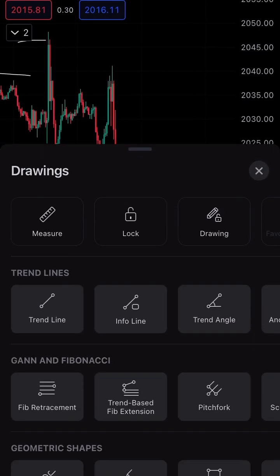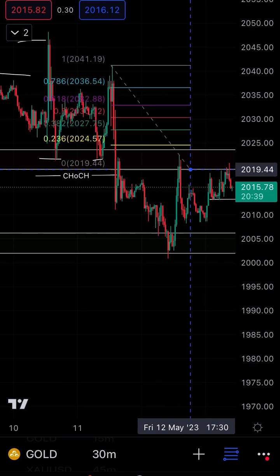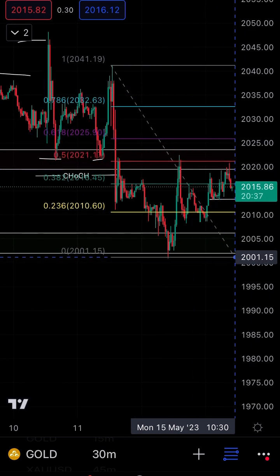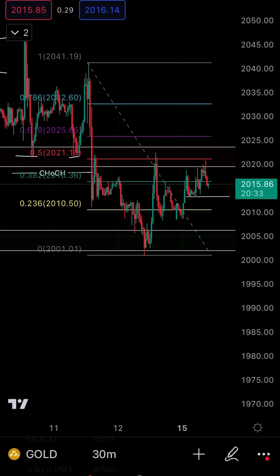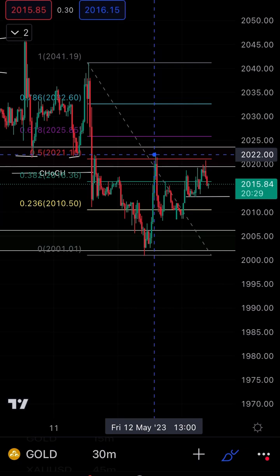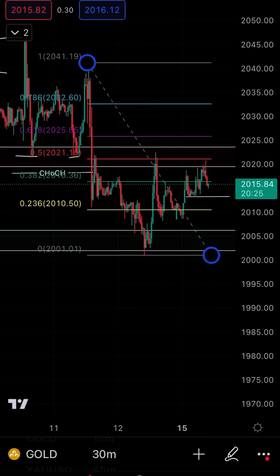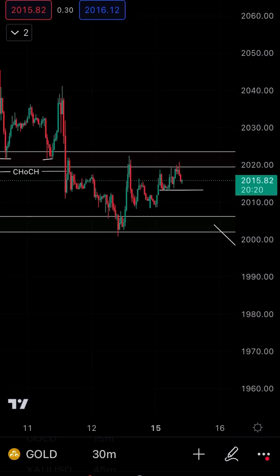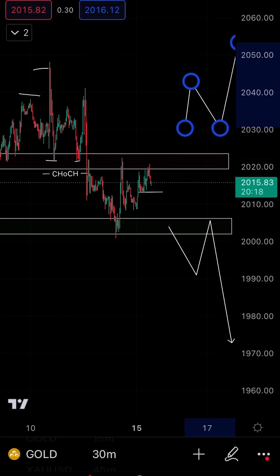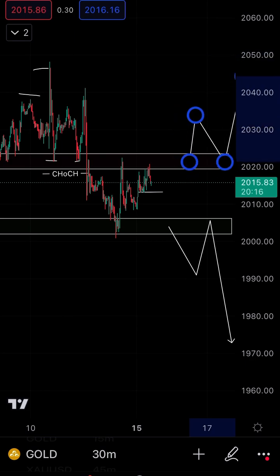Now use your Fibonacci retracement levels. We're coming back for a retest on any of 0.38 or 0.5. We got a perfect retracement at 0.5. So this market is extremely bearish right now. So if this is the case, and we remove this Fibonacci, we'll have these two levels to become bullish again, are you getting it?